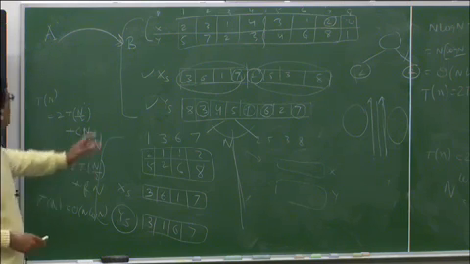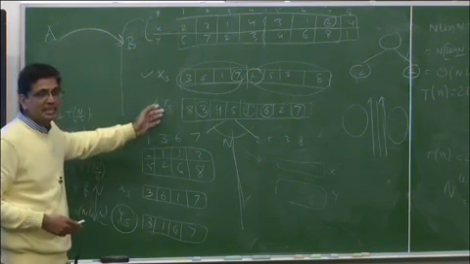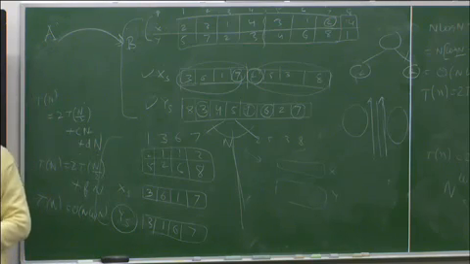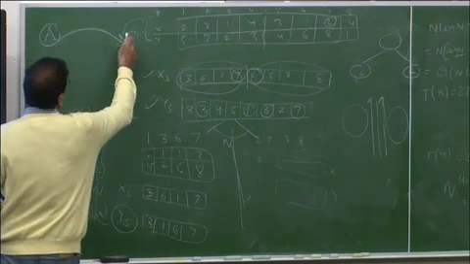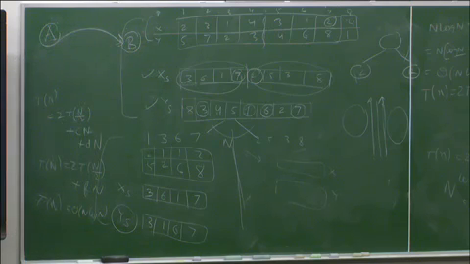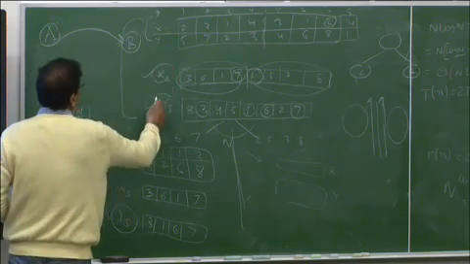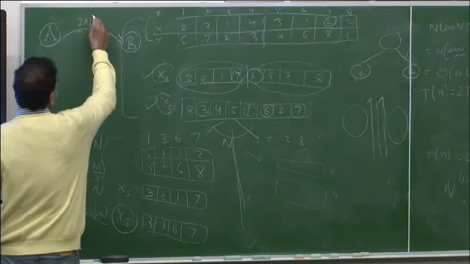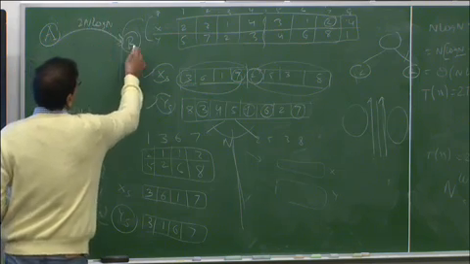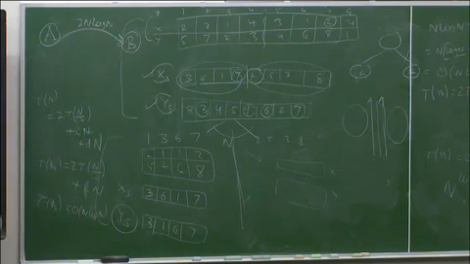But if my original problem did not give me these lists xs and ys, what will happen? I'll have to actually go from A to B. How much time will that take? That will take n log n time, because I'll have to sort based on x, and I'll spend 2n log n time first to solve this problem B. And now solving B becomes only n log n time.